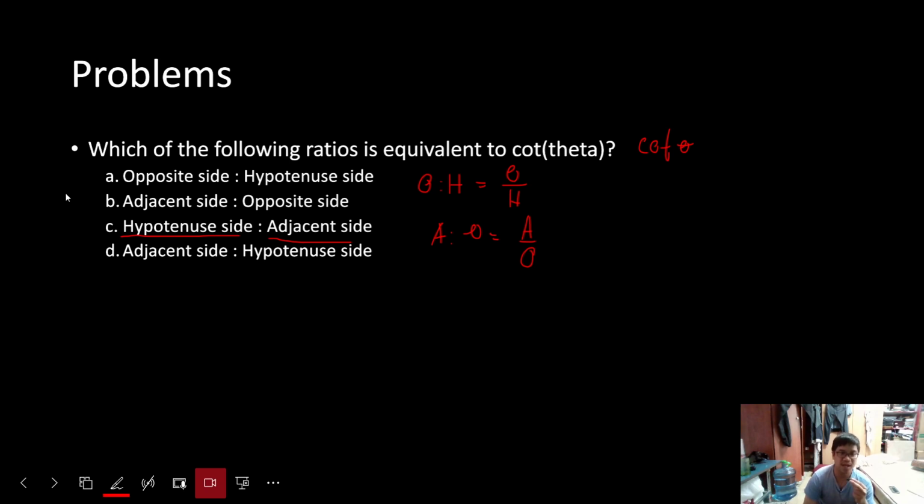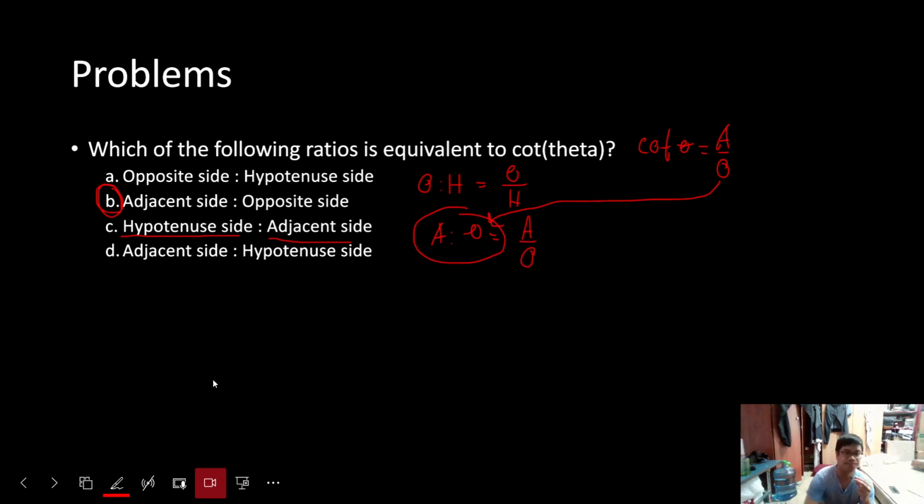So basically, the answer is letter B. All right. Remember that cotangent theta is A all over O, adjacent all over opposite, which is just the same as this form, which is adjacent side is to opposite side. All right. So that is the correct answer.